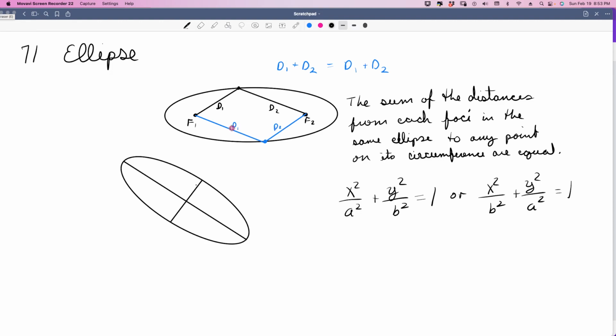Because we know that this line and this line are going to equal the sum of these. So that's a property that we're going to use in our calculations.